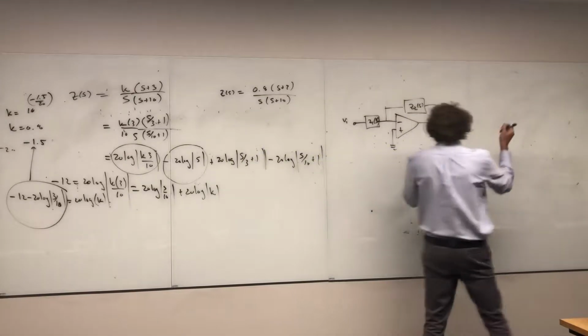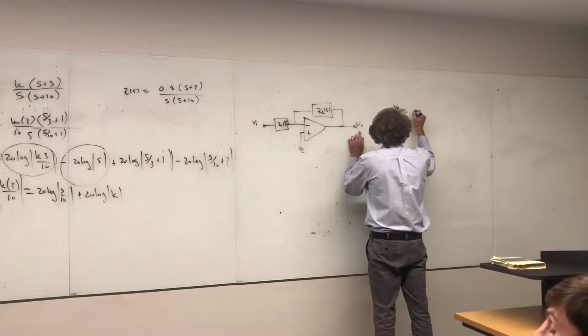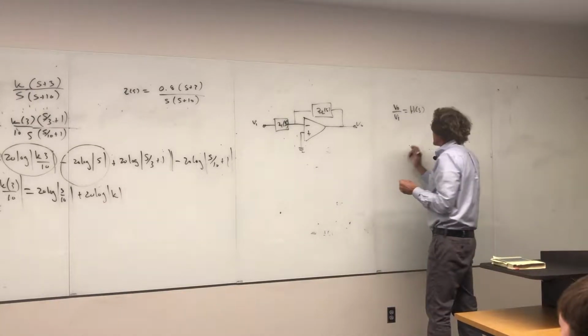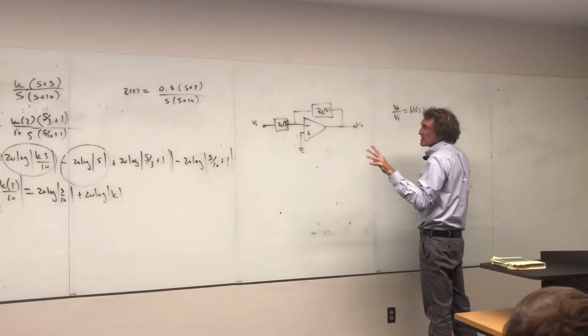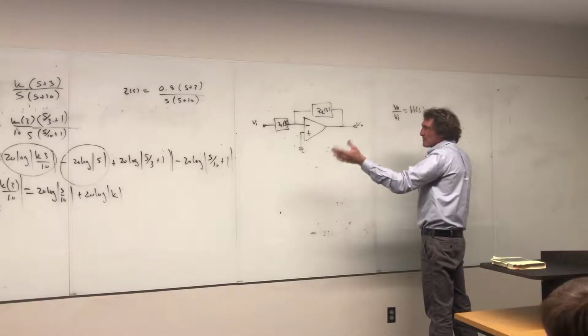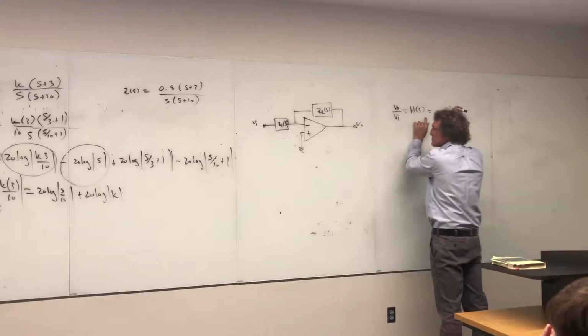When I take a look at this, I know V out over V in would be the transfer function H of S for this, correct? If we're just trying to realize a function, I know it's an impedance, and we could make this an equivalent impedance, but right now just follow me on this part because it's important.